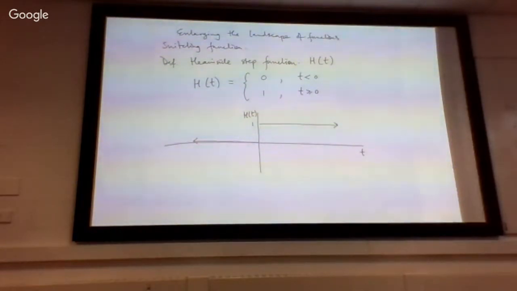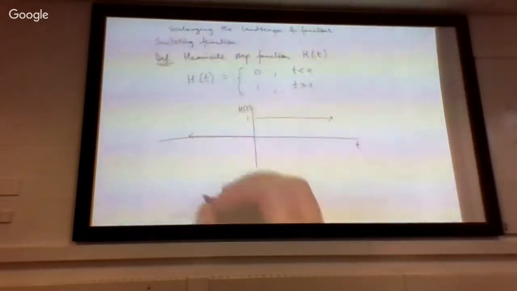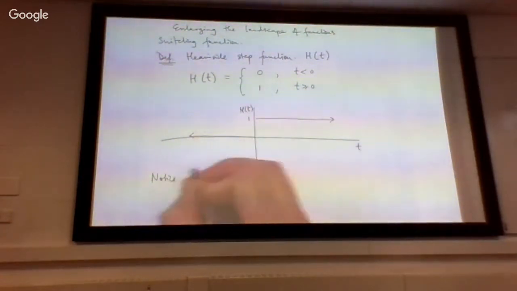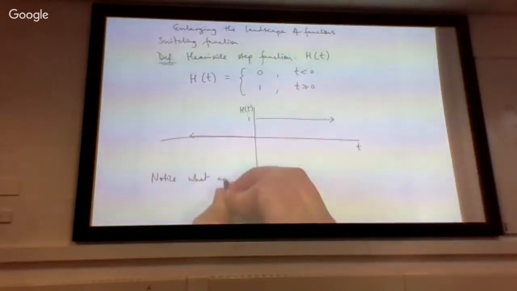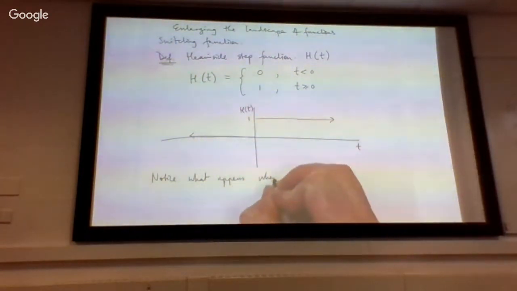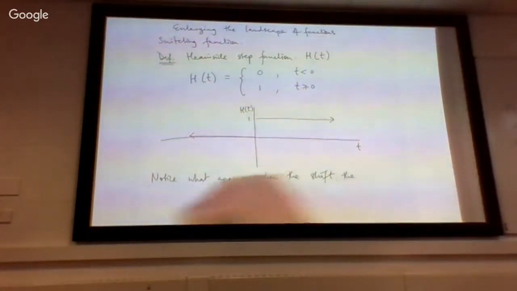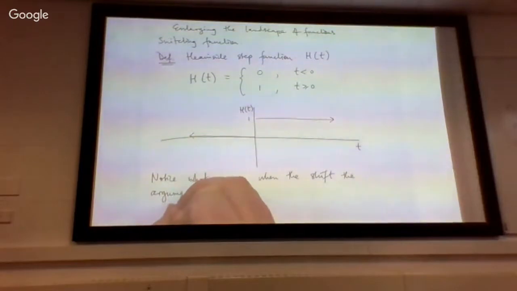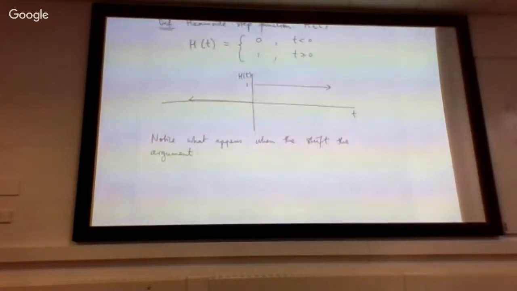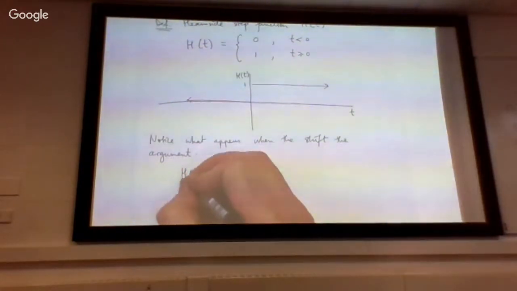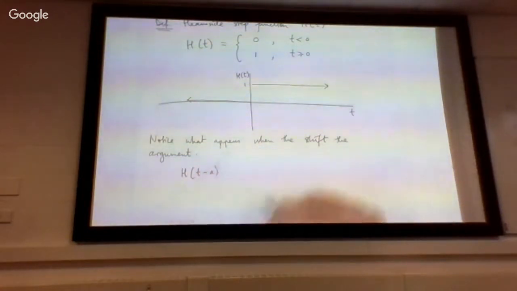Okay, now, is that enough? Is that single function enough to do lots of switching on and off at various different times? Well, yeah, it is, because notice what happens when we shift the argument. Well, what do I mean by shift the argument? Well, think about the function H of t minus a.